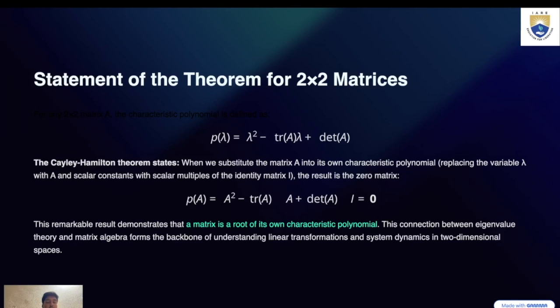This is simple yet very powerful because it allows us to represent higher powers of a matrix in terms of lower powers, saving time and computation.